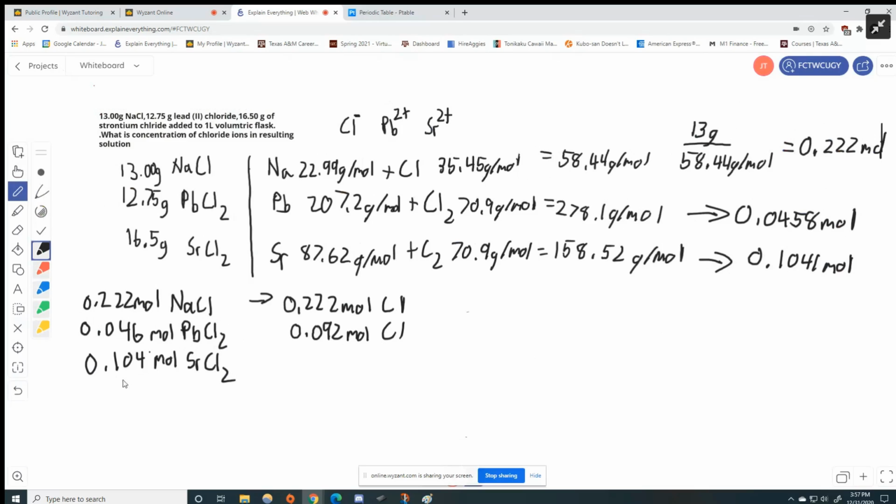This also splits into 2, so we have to multiply this by 2: 0.208 moles of chloride. And when you add all of that together, you get 0.522 moles of chloride ions in total.